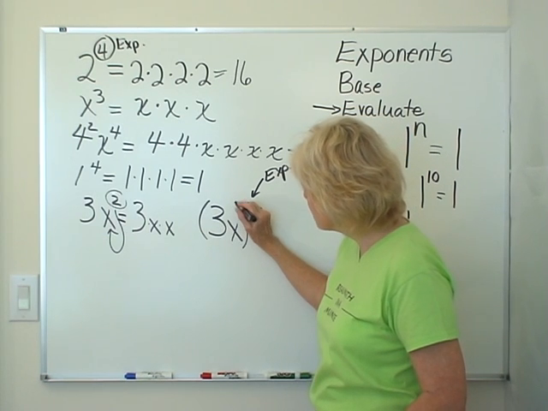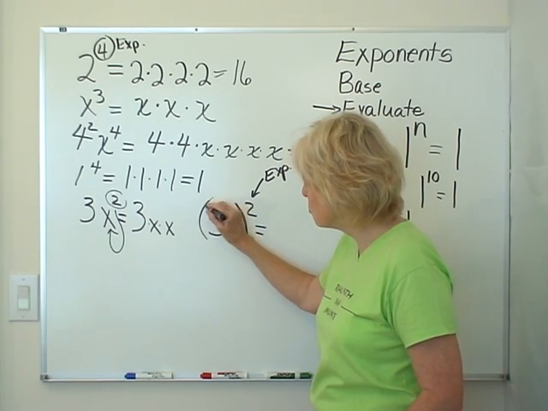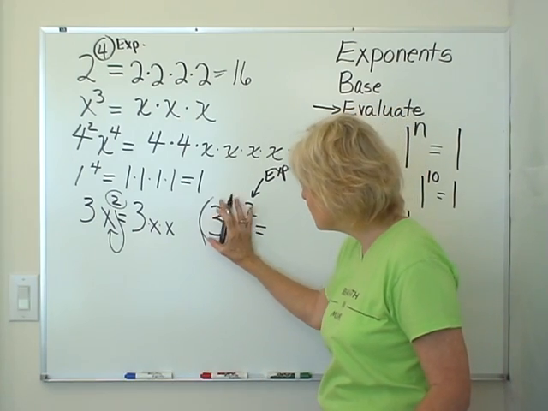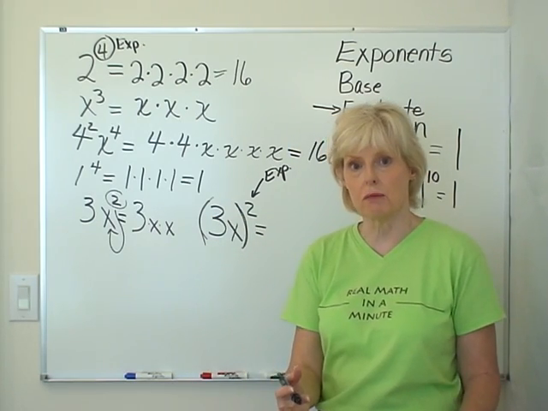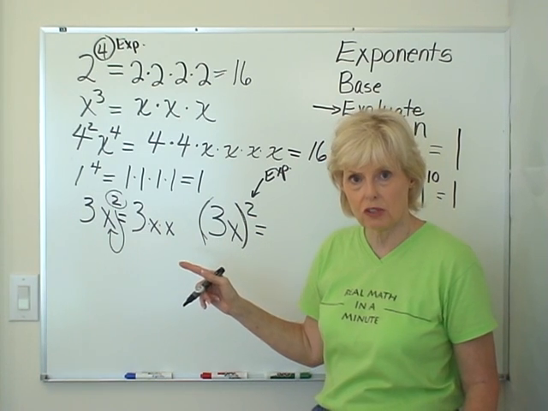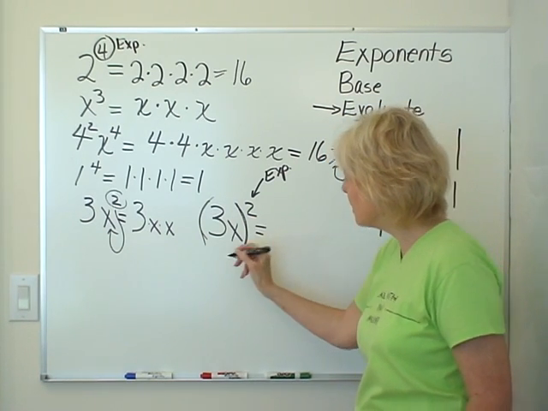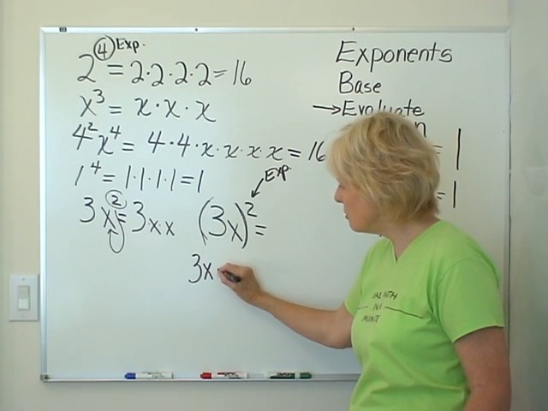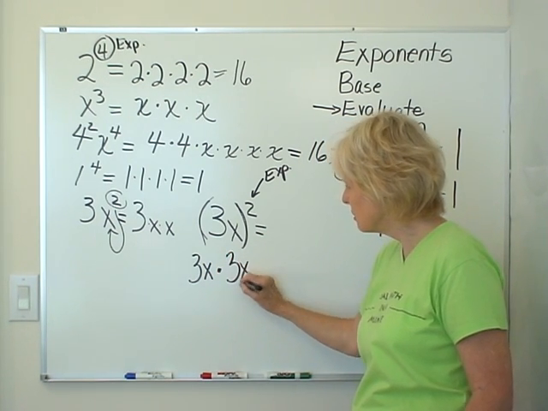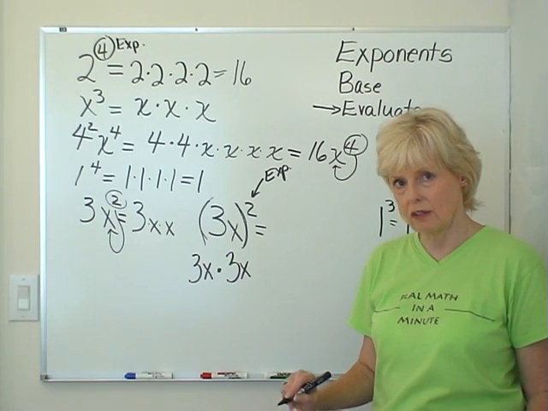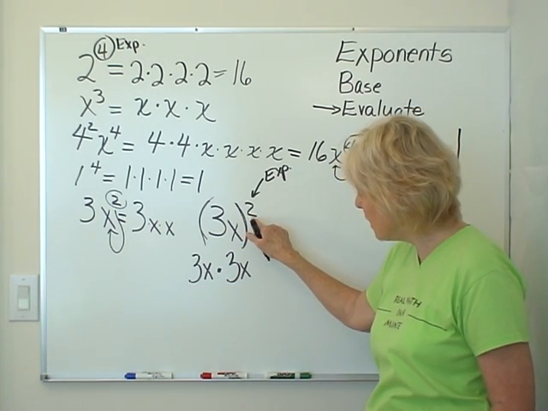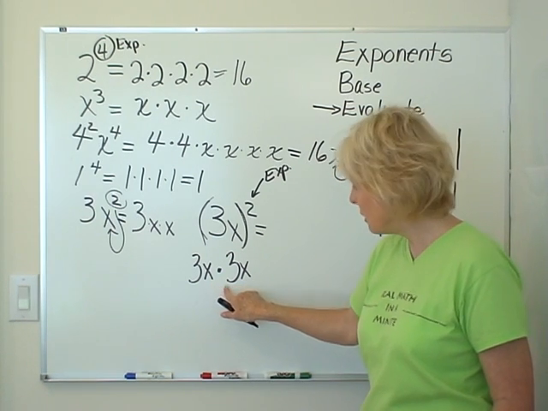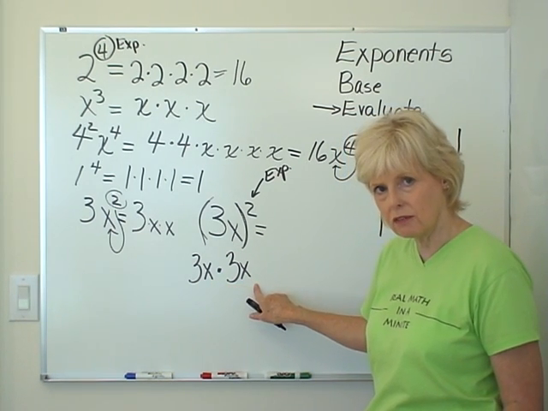In this case, because the parentheses have grouped the 3 and the x together, the 3 and the x is like one term, and there are 2 of those. So what this means is I've got 3x, and I've got another 3x, and those are multiplied together. I've got 2 factors, and they are 3x, that's one factor, and 3x, another factor.